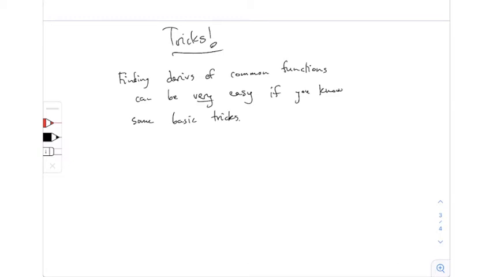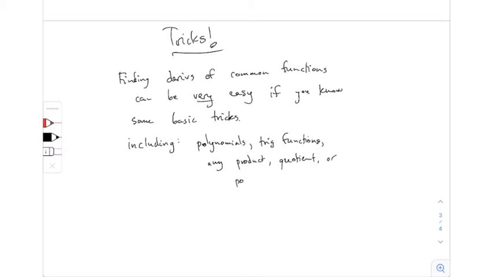In particular, the functions we will be able to do by using the tricks include all polynomials, which we may get to the full trick of today. We'll see. Any trig functions, sine, cosine, tangent, etc. And also any combination of these, so any product, quotient, or composition of these.